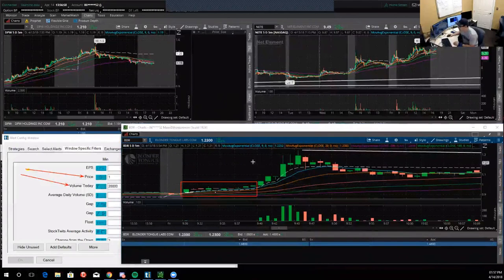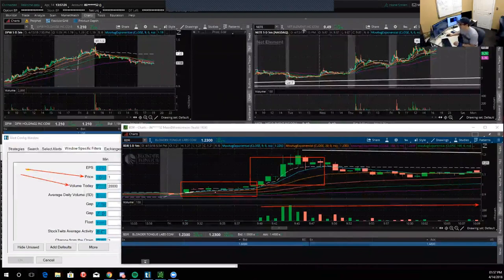Throughout here, we would have ended up hitting like 500,000 shares in this trading zone, because you can see down here that the volume, if you go straight across on those two candles alone, was above 200,000. So just on that candle and that candle, we already hit a volume of 500,000. But if we scan for volume of 500,000, that means we would have caught this stock at the very top. That makes sense, right?